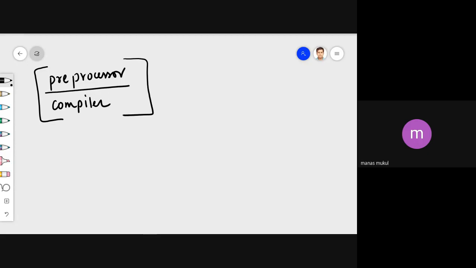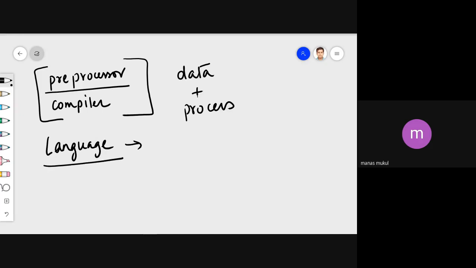Okay, so we know that when you have to write a program, the program consists of two things. One is the data and the other one is the process. So we have been talking about the data and the process since day one. So when you learn a new language, and when I say language, it does not mean a computer language.